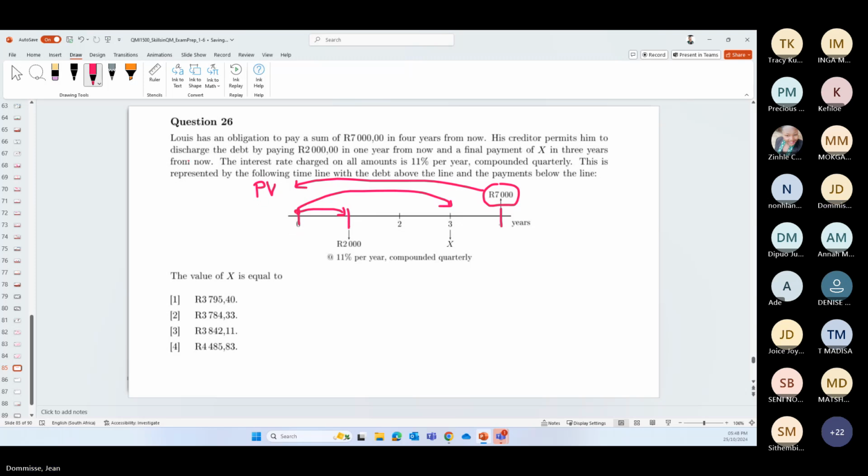Then we know in a year's time it will pay back 2,000, and then a final payment in 3 years.